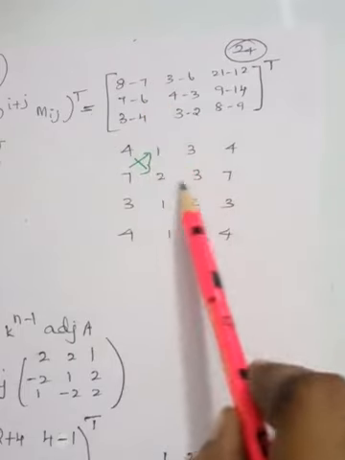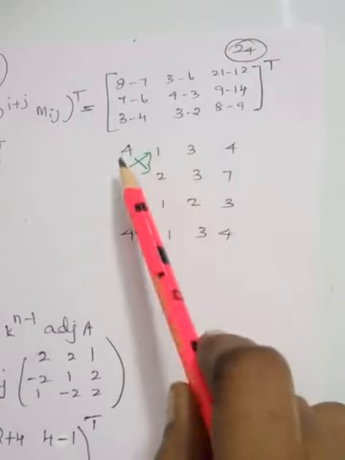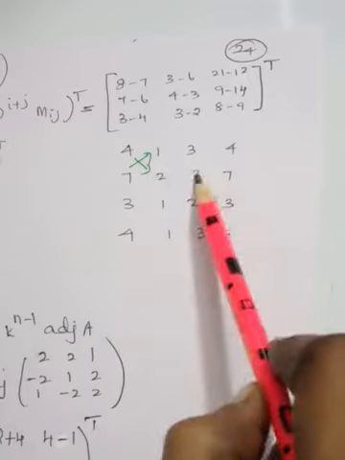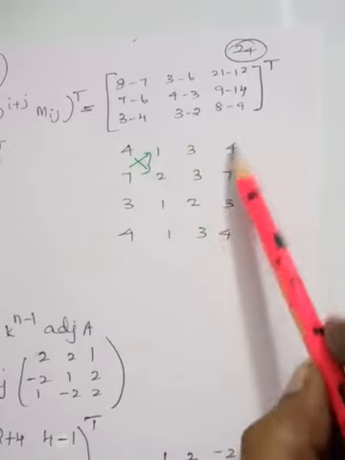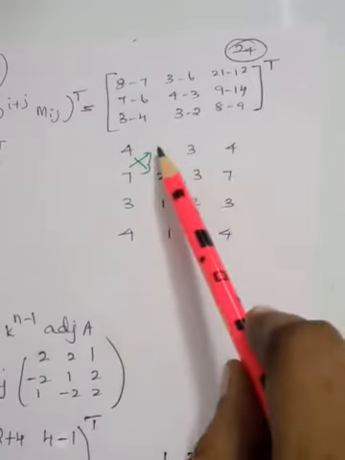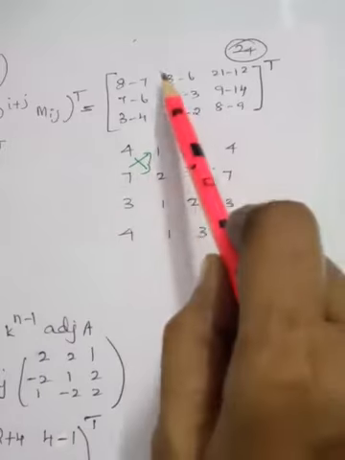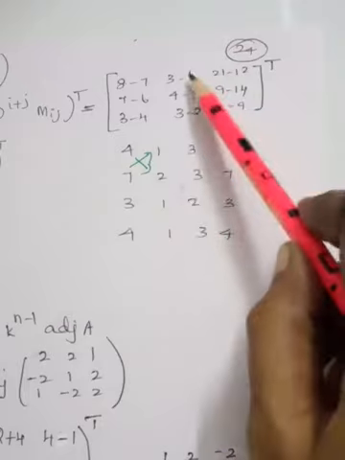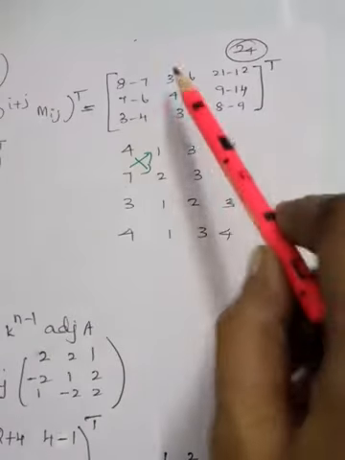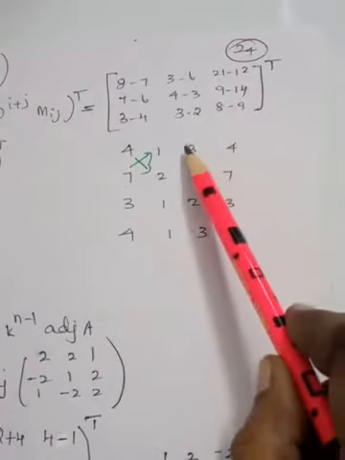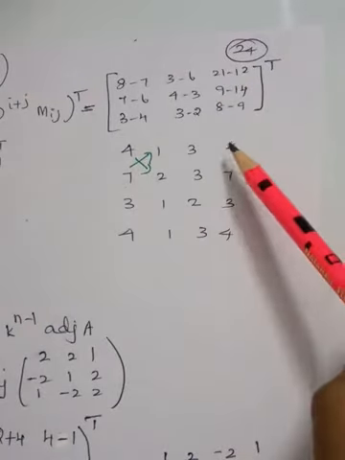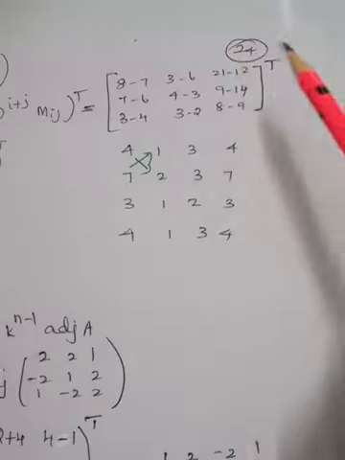Similarly we are going for the next 4 elements. Next 4 means first column second column, then second column third column, then third column fourth column. So 1 into 3 is 3, formula is minus, 2 into 3 is 6, so 3 minus 6. Similarly the last 2: 3 into 7 is 21, formula is minus, 4 into 3 is 12.